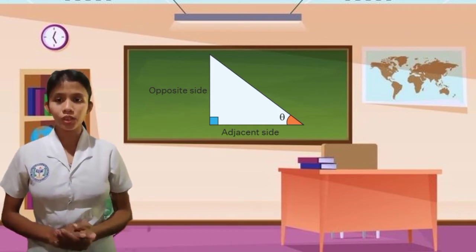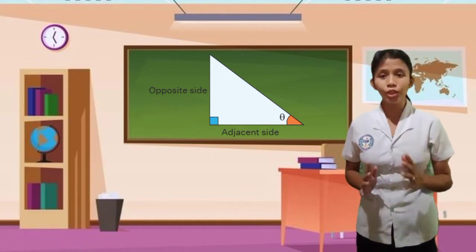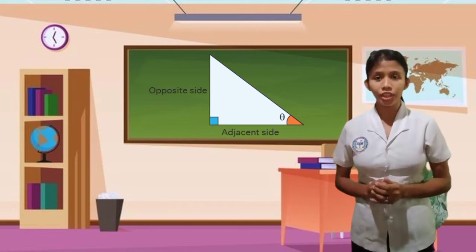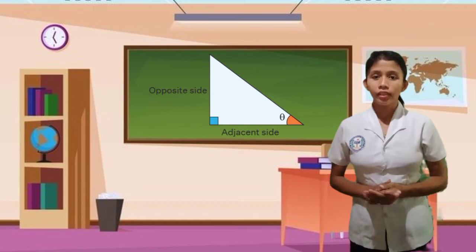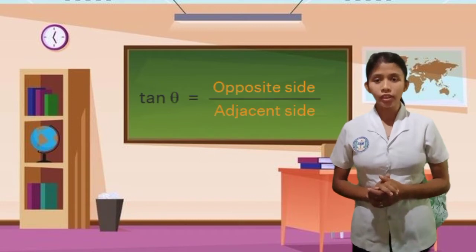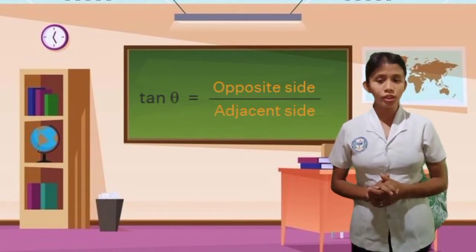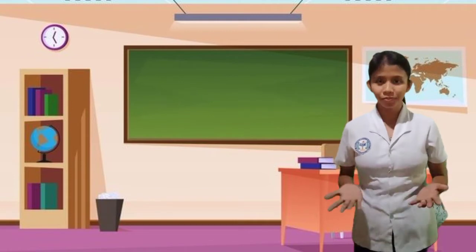Then hypotenuse is the long one. A right triangle is a three-sided figure with one angle equal to 90 degrees. A 90-degree angle is called a right angle. The sum of the angles of any triangle is equal to 180 degrees. The formula to define the tangent of an angle is the length of the opposite side divided by the length of the adjacent side.